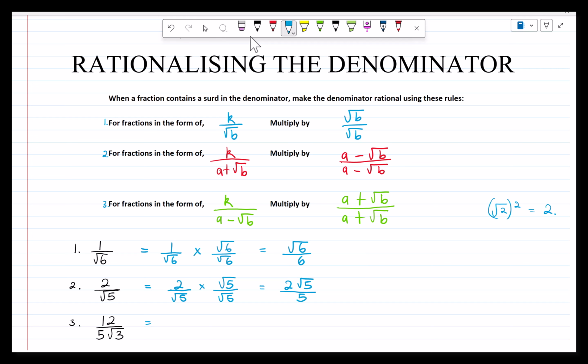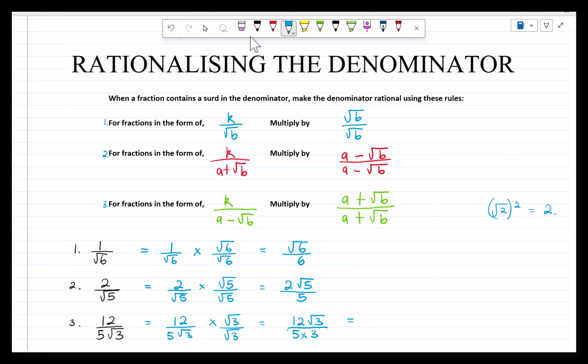And lastly, number 3, we have 12 divided by 5 root 3. We are going to use again rule number 1, whereby we end up with 12 over 5 root 3 multiplied by root 3 over root 3, which gives us 12 root 3 divided by 5 root 3 times root 3, which is actually 5 times 3.